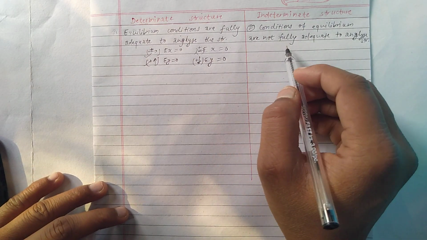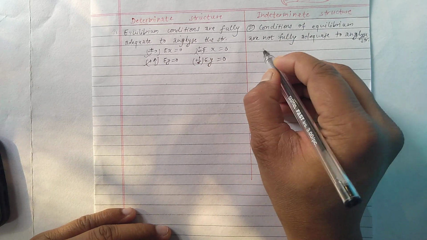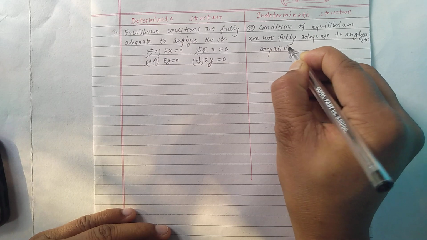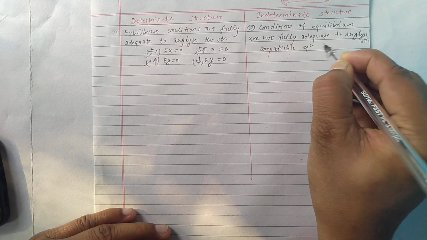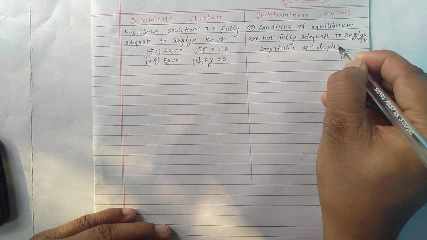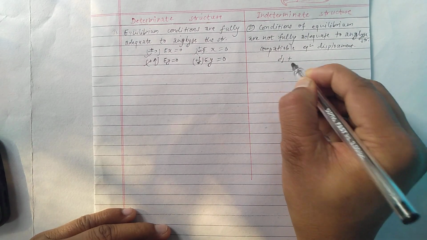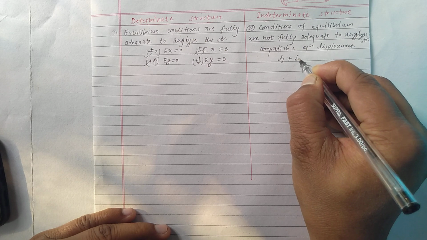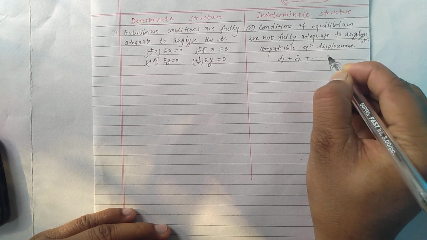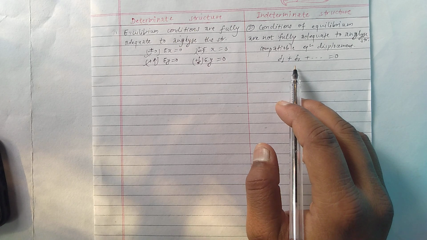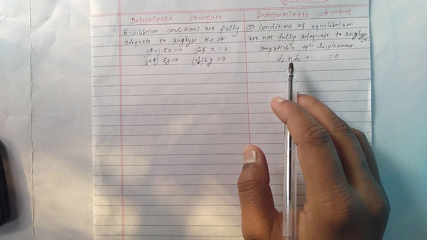For the analysis, we require more compatibility equations, like the compatibility equation of displacement. So delta 1 plus delta 2 and so on, the sum of these equal to 0. Like this we have to analyze the indeterminate structure.